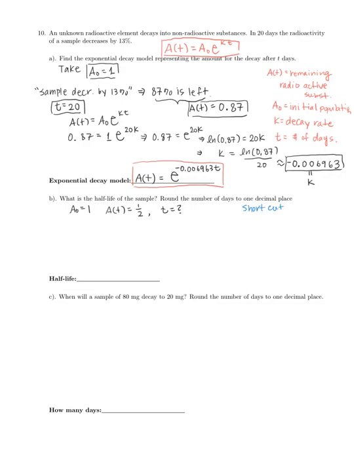Everyone likes the shortcut, but I'll do this formally as well. If you're given the value of k, then you can apply this formula. Your t is always going to be negative ln of 2 over k.